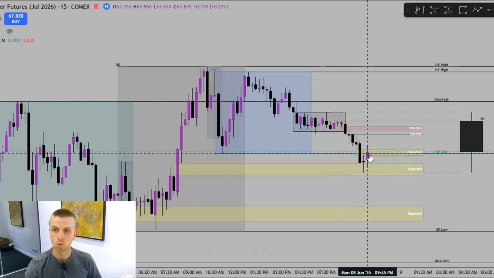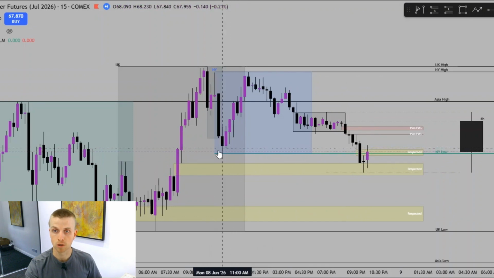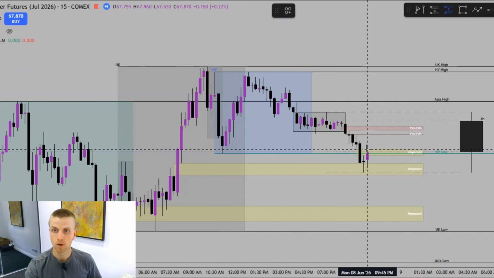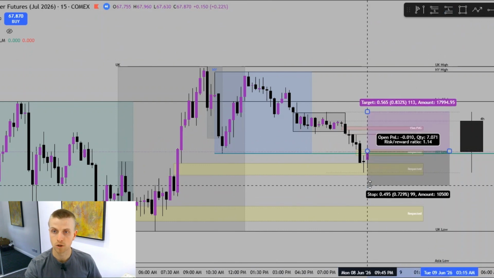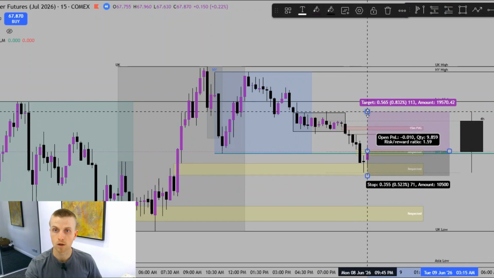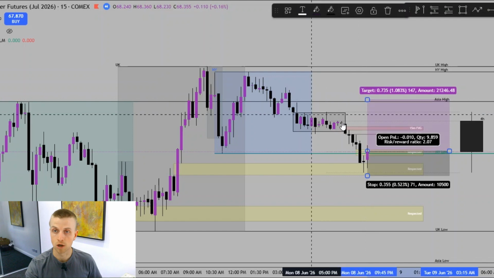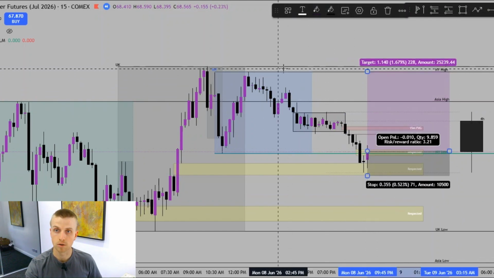And there you go. We just had this 15-minute candle close bullish above New York session low. So we'd enter the trade there with our stop loss just below this recent low, and we'd target the accumulation high, or we can target these session highs.